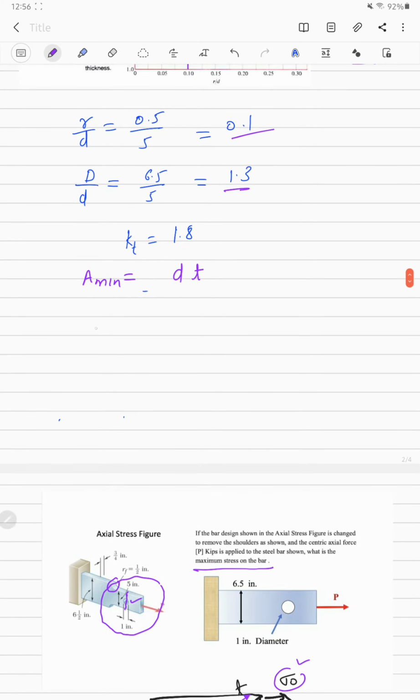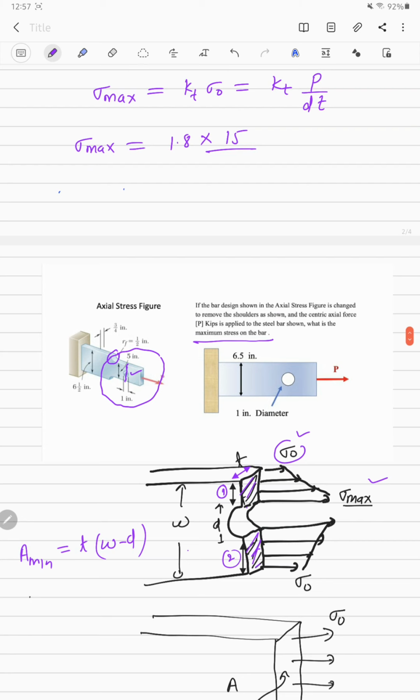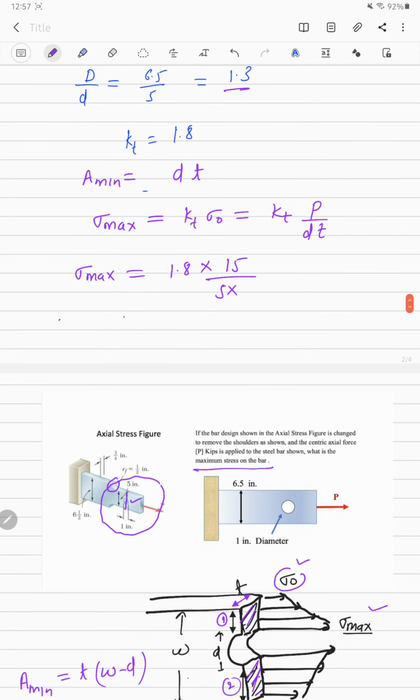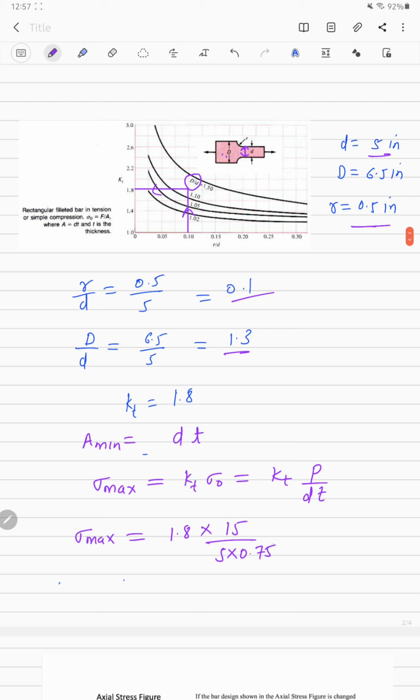Sigma max equals KT into sigma naught, and sigma naught is force divided by area. So sigma max will be 1.8 times 15 divided by 5 times 0.75.